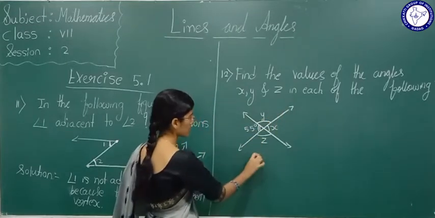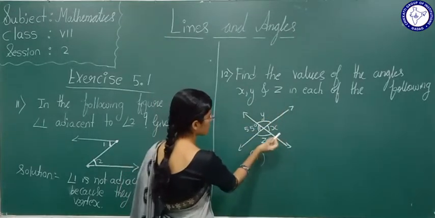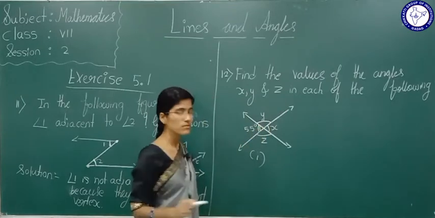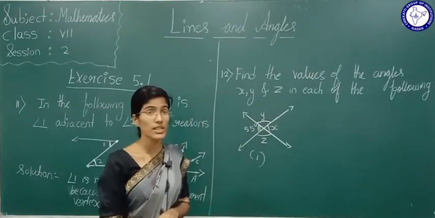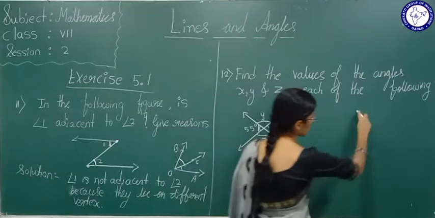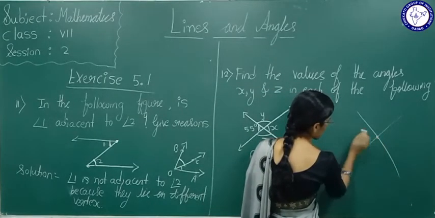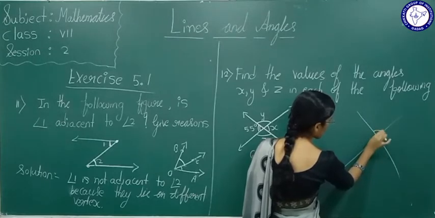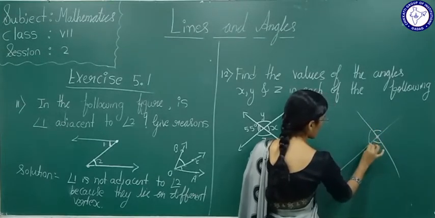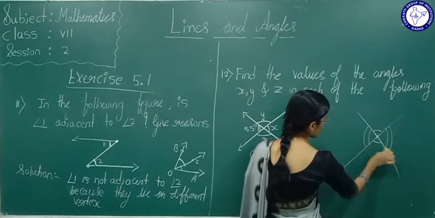Now see the first figure. We have to find out the values of x, y, z here. Now I told you what a vertically opposite angle is. If two lines intersect at one point, the angles formed at the point of intersection are the vertically opposite angles.